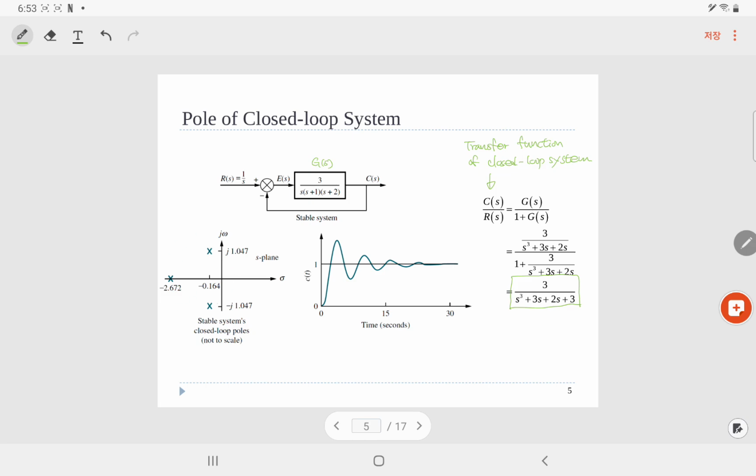As we studied on the previous page, since this pole is located on the negative real axis, it will produce a naturally decaying natural response like this.